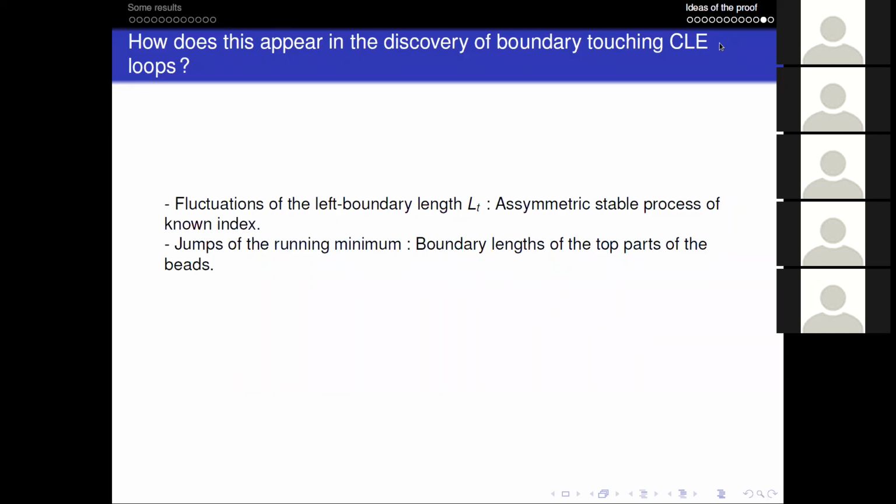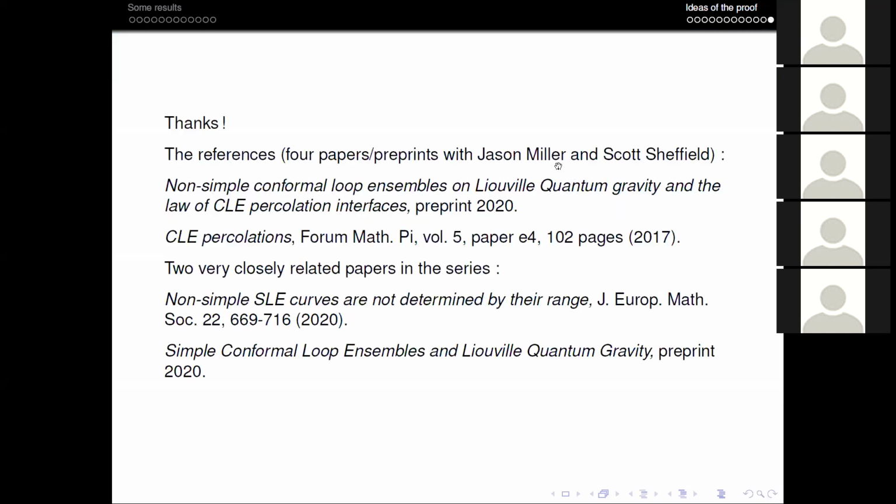So indeed, this paper here deals exactly with simple conformal loop ensembles. What we are defining in this cycle of papers, simple CLE percolation, is in some sense the whole structure of what would be critical percolation within the CLE carpet.